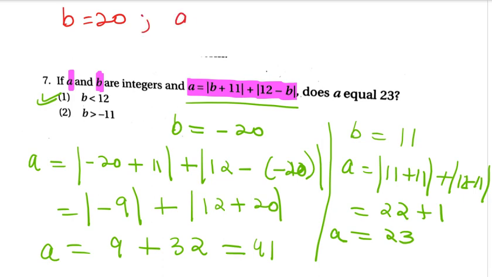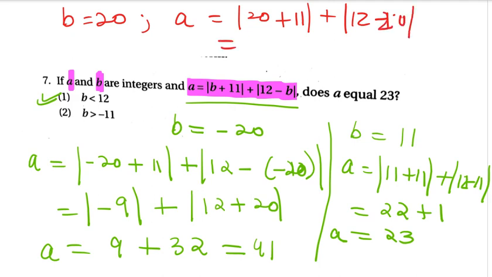Then let's find A. Then A will be equal to 20 plus 11 plus 12 minus 20. So that will be equal to 31 plus 8, so that is 39.